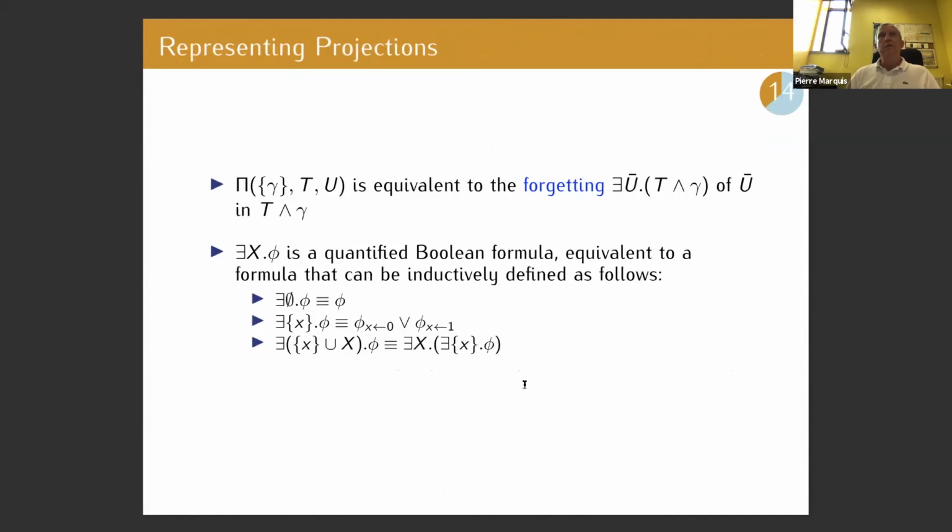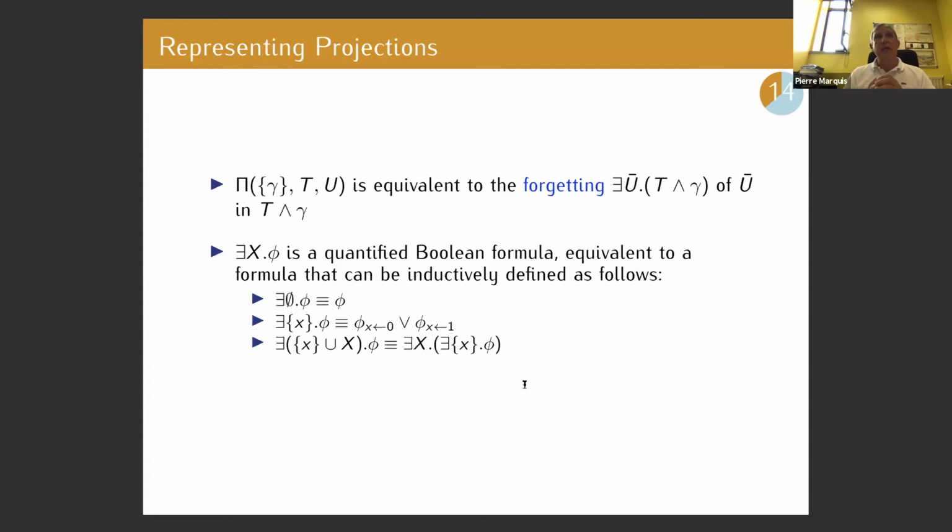Now a few words about representing projections. As I mentioned, the projection is a set of all logical consequences. It is an infinite set in general. Of course, it is not very convenient from a computational point of view, but it is equivalent to a well-known notion, the notion of forgetting.